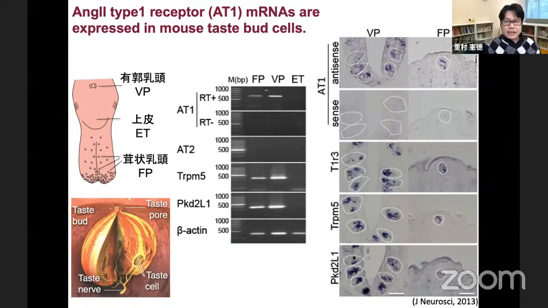These expression patterns are very similar to those of the taste cell marker T1R3, a sweet or umami taste receptor component. These results suggest that angiotensin II may be able to act on peripheral taste cells via AT1.